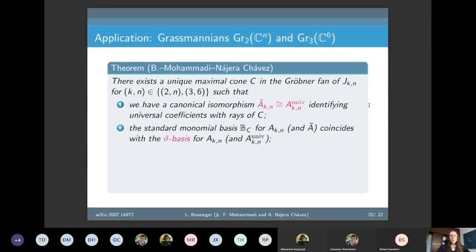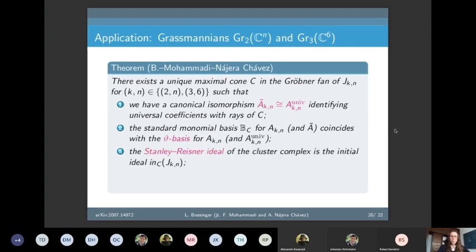Now, secondly, we've seen that the lifted algebra has the standard monomial basis as a basis over the polynomial ring in t's. And for the universal coefficient algebra, more specifically the algebra A_{k,n}, we have seen that it has the theta basis. And under this isomorphism, we actually identify these two bases.